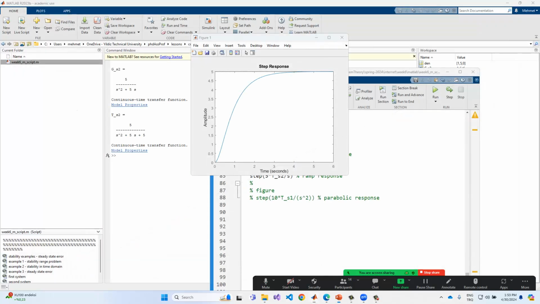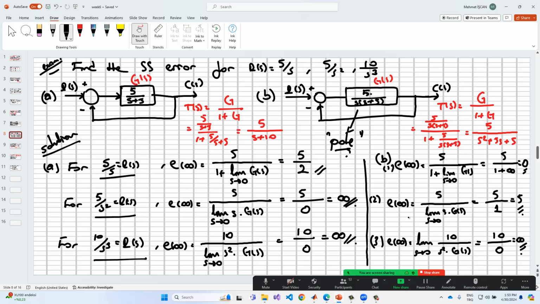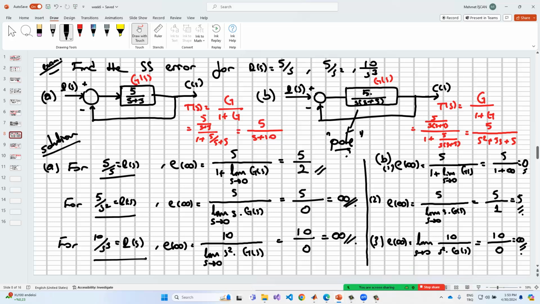But just remember that in this case the error signal is equals to the input minus output signal, which means that at the infinity value, this R(S) at the unit ramp signal, we goes to the infinity value. But the C(S) also goes to infinity. But the difference between these two signals is equals to the 5. Okay? But in the first place, we have the infinity value between the input and the output signal.